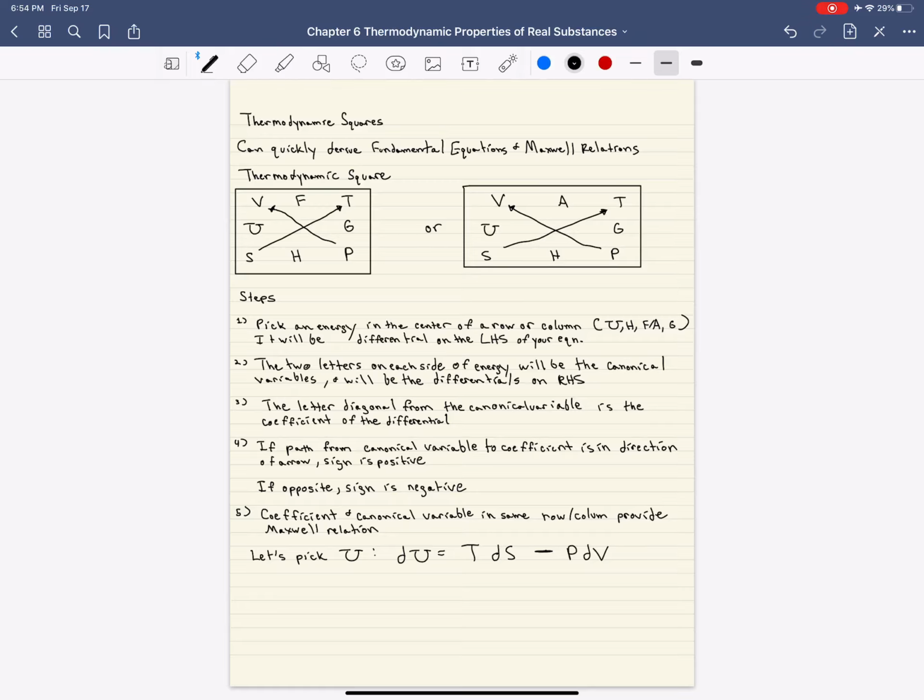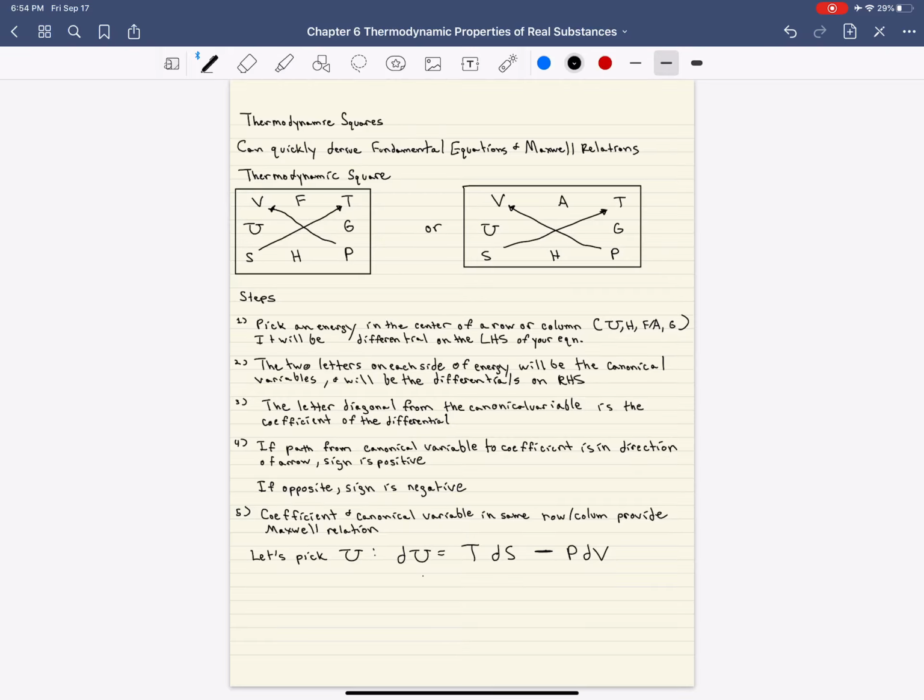That's how you use the thermodynamic square to derive the fundamental equation. Now for step 5, step 5 is saying that the canonical variable and the coefficient in the same row or column provide the Maxwell relation. Here T was a coefficient and V was a canonical variable.